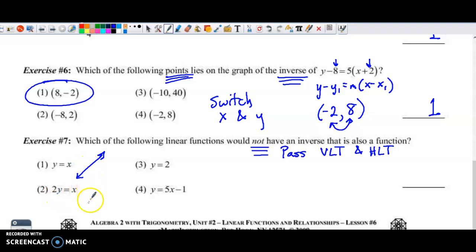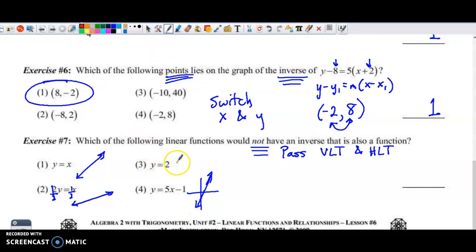Same thing with this next one. It's also a diagonal line, although the slope is up 1, right 2, if you were to solve for y. So still passes both. Same thing with option 4. It has a steep slope, shifted down 1, but definitely passes both.